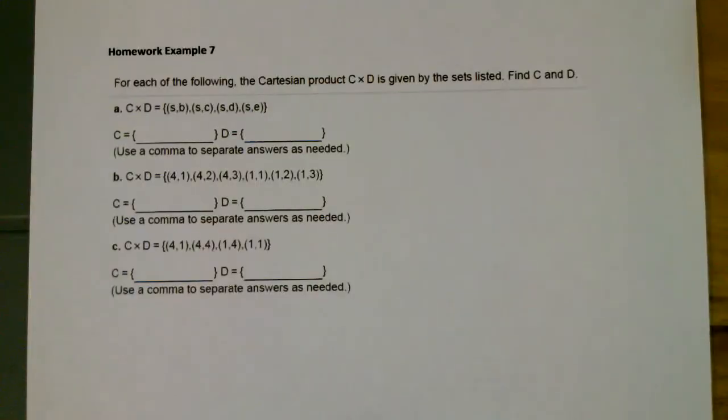All right, and finally, homework example number 7 is this. For each of the following, the Cartesian product of C and D is given by the sets listed. Find C and D. So we have their Cartesian products, and we want to find out what set C started off as and what set D started off as.